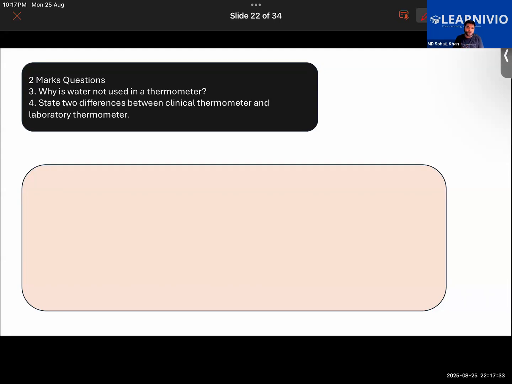But water does not expand in a uniform manner, especially at temperatures like 0 degrees Celsius and 4 degrees Celsius, where it starts to freeze. Also, it has a small range of temperature measurement. Let me write down the important points first.